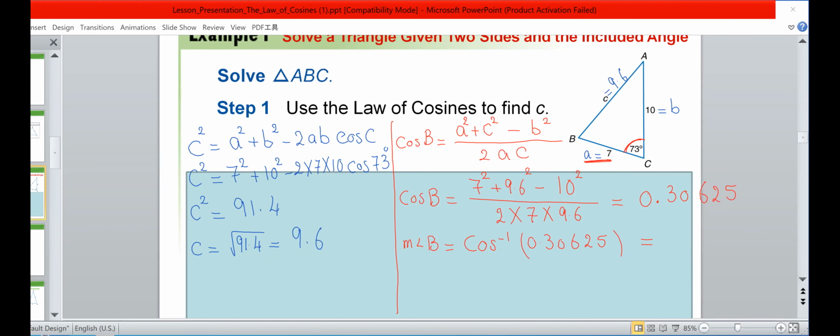So if you get a number like this, cosine B, it's not the angle, it's the cosine of the angle. If I need to find the angle, just use shift cosine or inverse cosine on your calculator for this result.